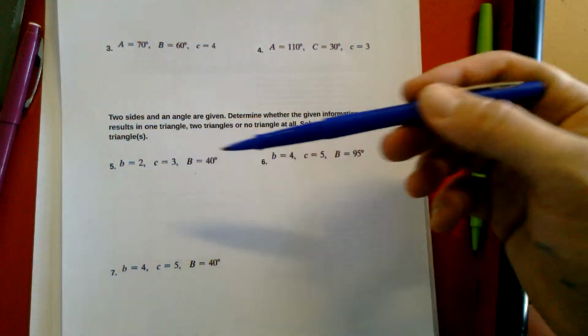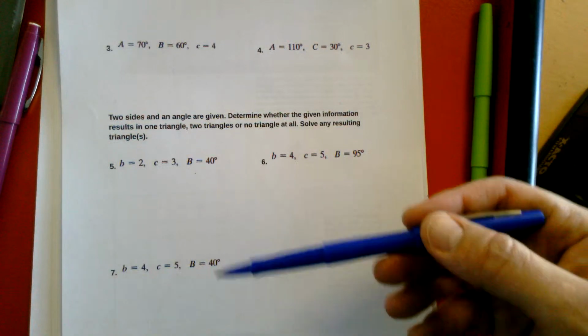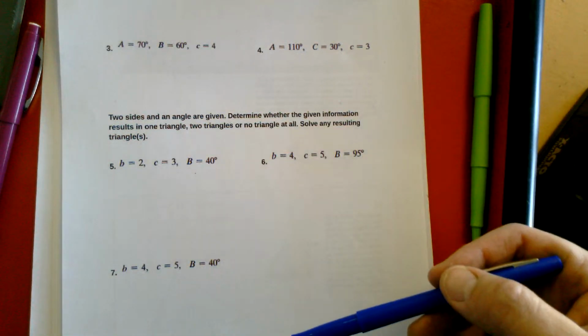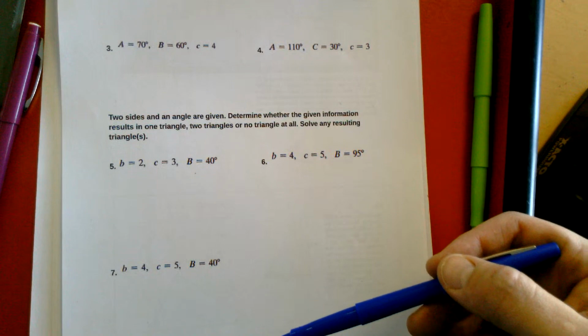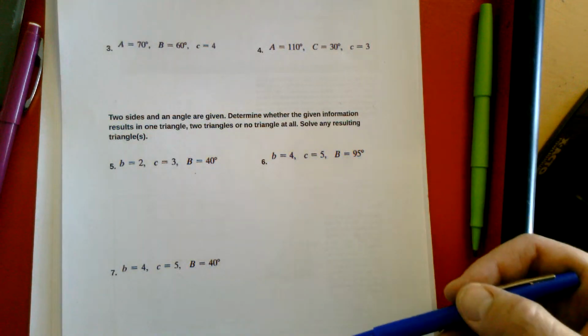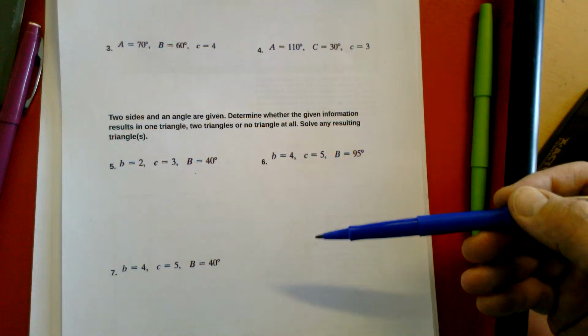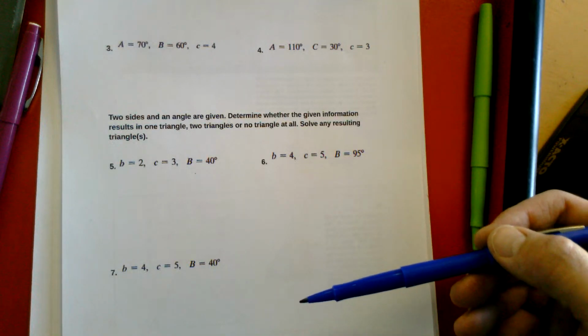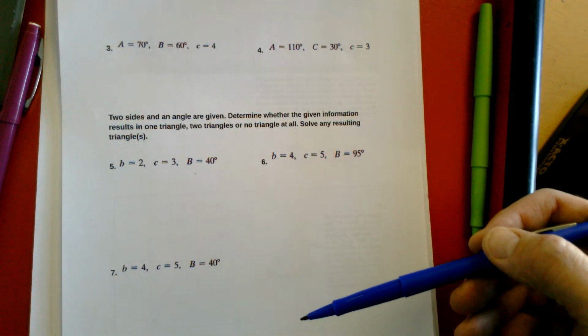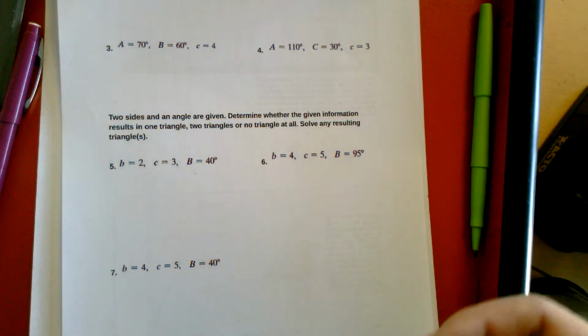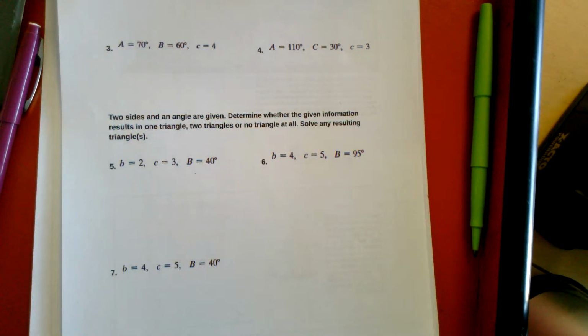And I went through 3 examples today, and guess what? I gave you 3 questions on homework. So you can assume one's going to work, one's going to give you 2 triangles, and one's going to give you nada, nothing. And you can probably find the one that's going to give you no solution. Which one's the no solution off the bat?